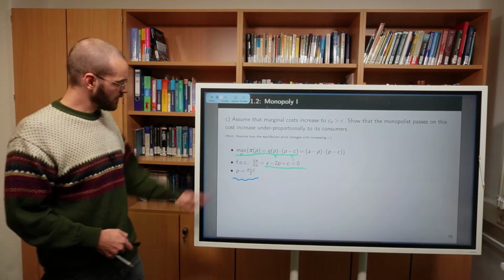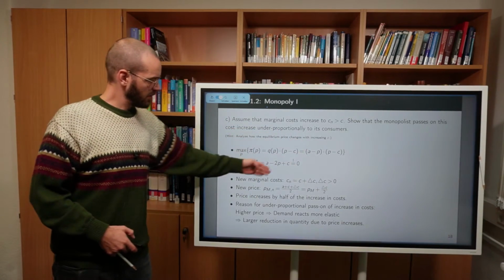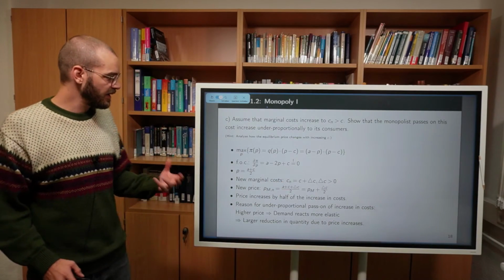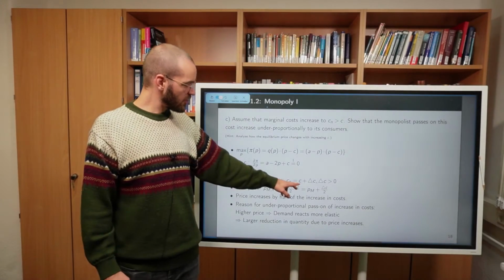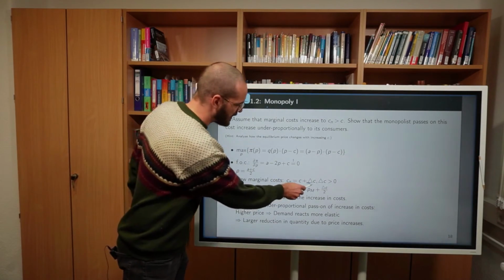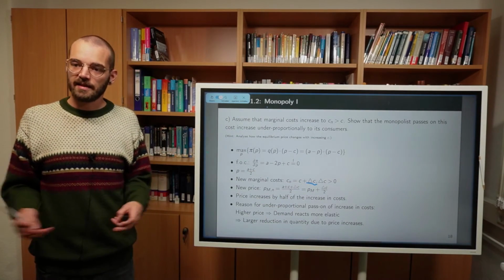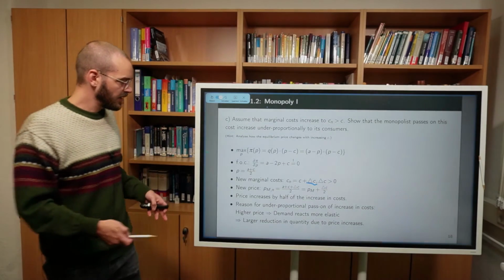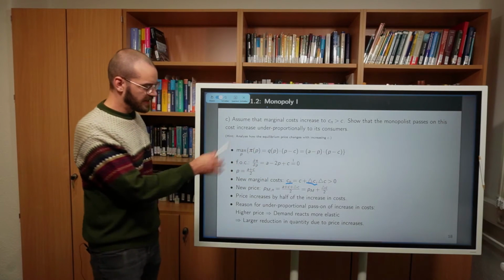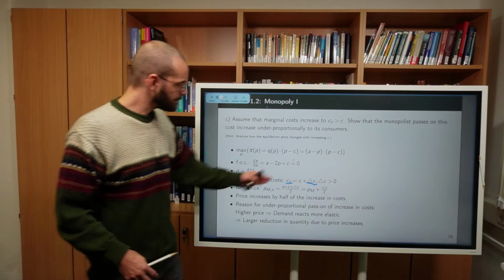Now with this expression, we can consider a situation in which the new marginal costs Cn are introduced, and Cn is simply the original marginal costs C plus some increment which we will call delta C. Assuming that delta C is positive, this is equivalent to saying that Cn is larger than C. So we actually have a cost increase.